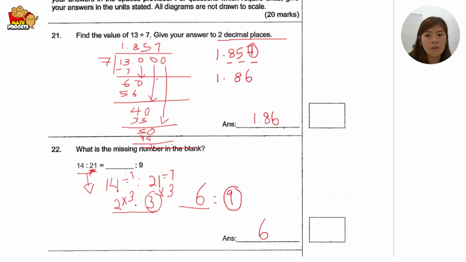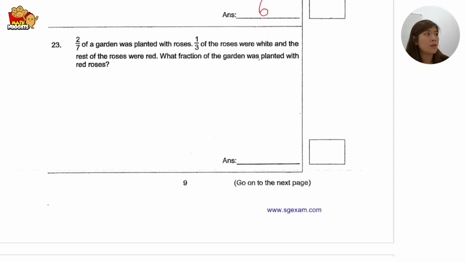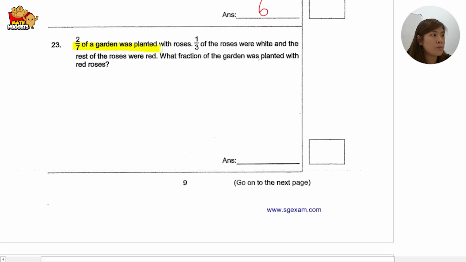Okay, moving on. The next question: 2/7 of a garden was planted with roses. 1/3 of the roses were white and the rest were red. What fraction of the garden was planted with red roses?